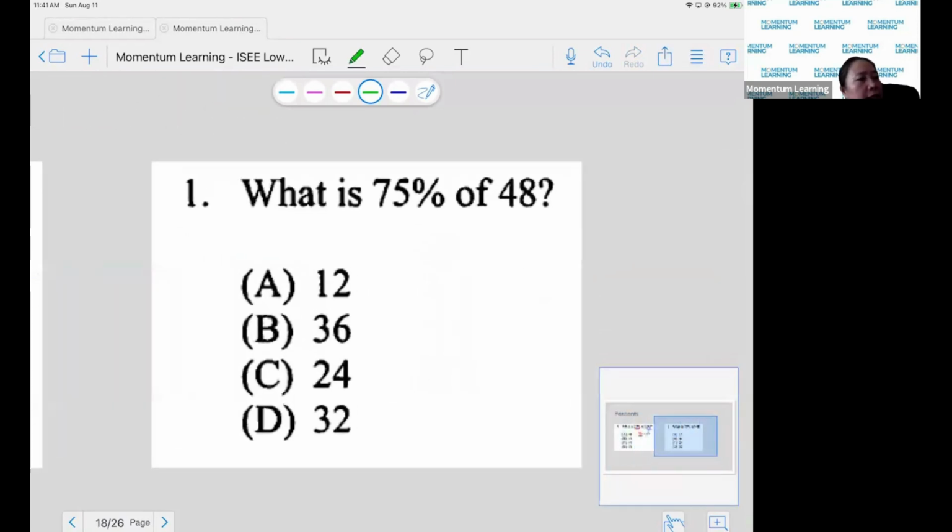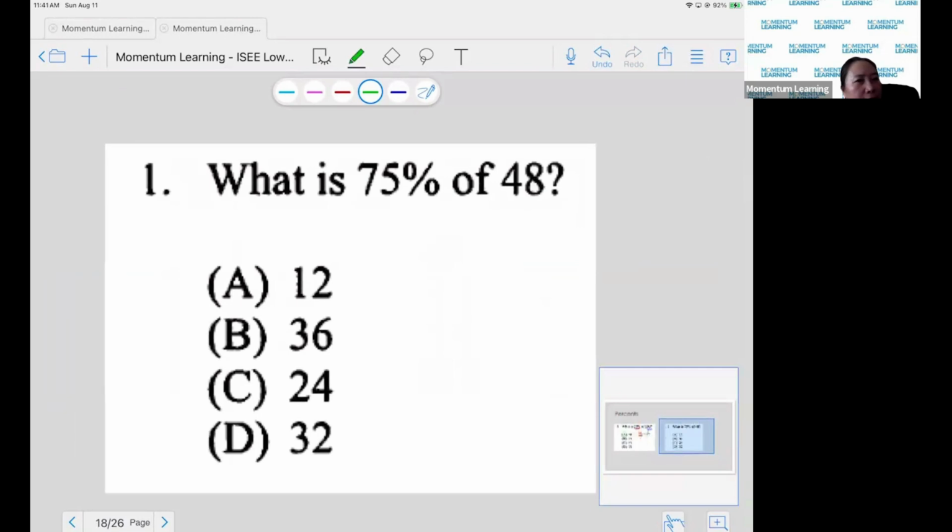Okay, let's look at this one. Use the same strategy. What is 75% of 48?